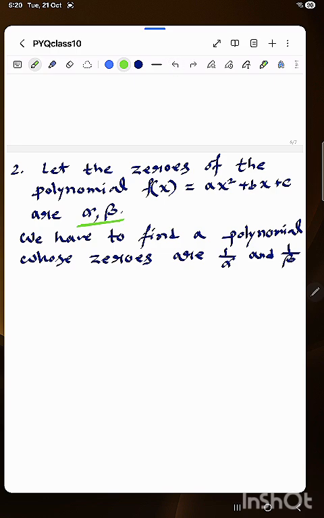So that thing is x square, if you can recall it, x square minus (alpha plus beta) x plus alpha beta.